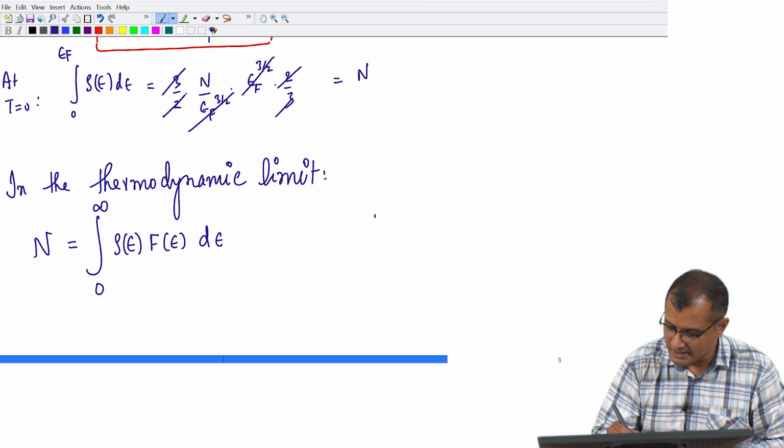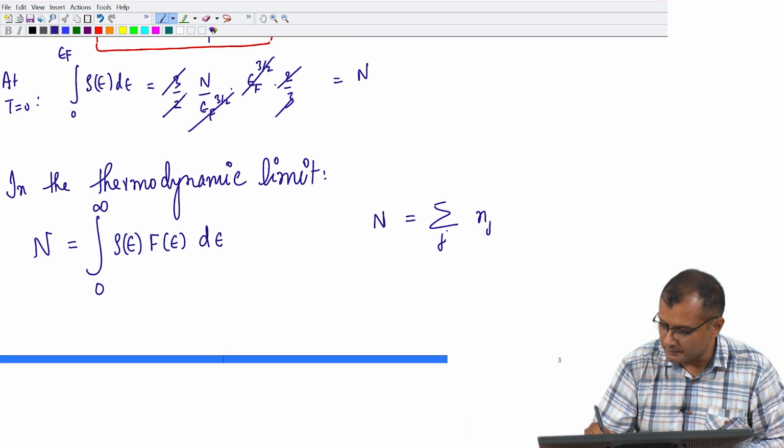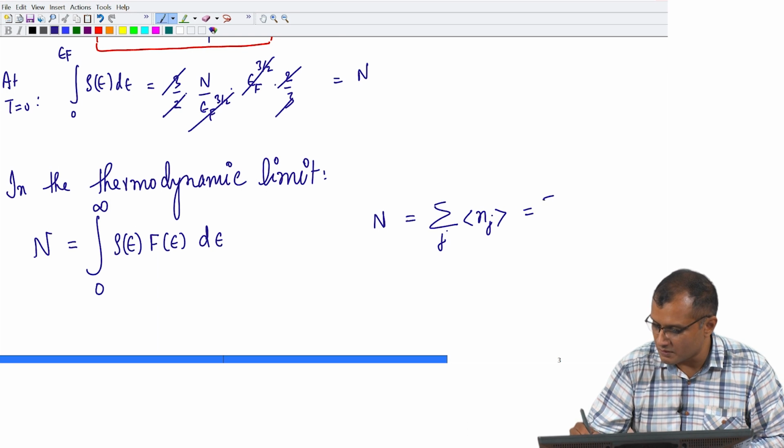And what I have done is that, if you recall, we had simply this summation over all occupation numbers or summation over all the Fermi functions.